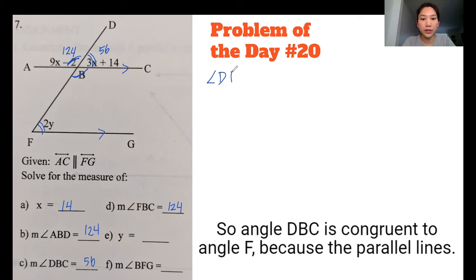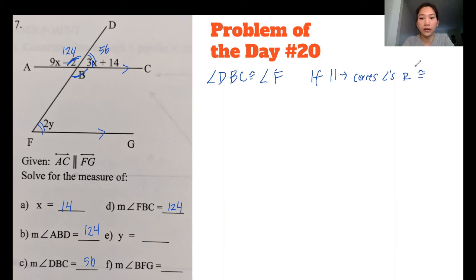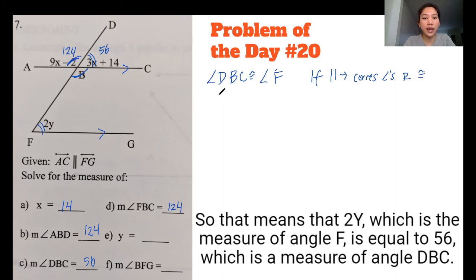So angle DBC is congruent to angle F because of the parallel lines. So if parallel, that implies that the corresponding angles are congruent, okay? So that means that 2y, which is the measure of angle F, is equal to 56, which is the measure of angle DBC.